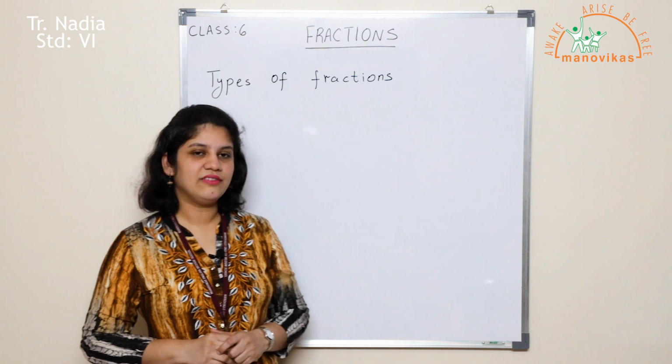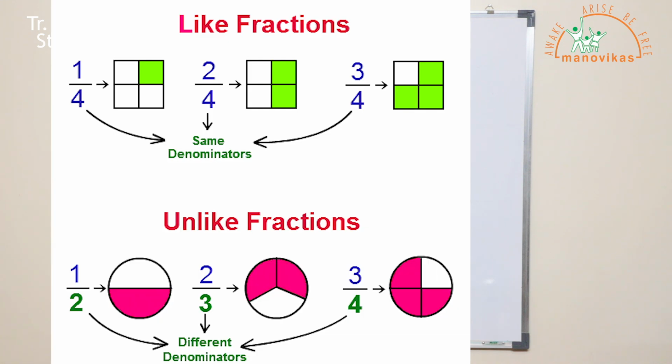Now first we have the like and unlike fractions. Can you all see the slide? Like fractions are a set of fractions which have the same denominators. You have three squares over there. Each square is divided into four equal parts. In the first square, one out of the four parts is shaded.